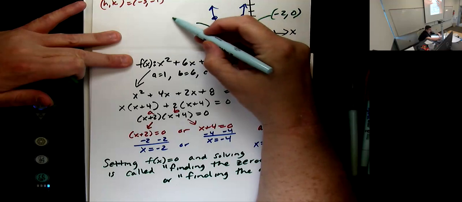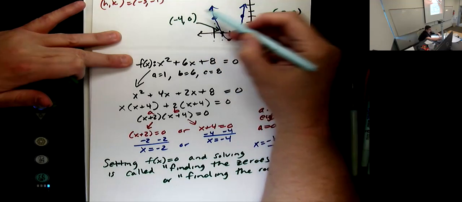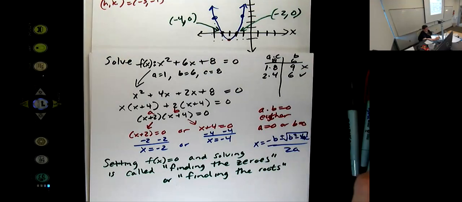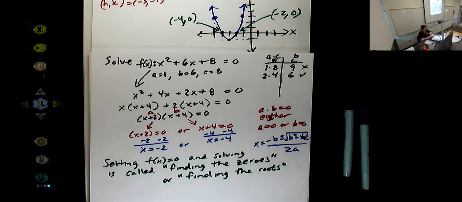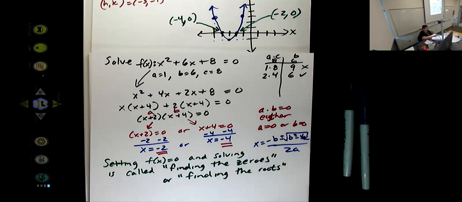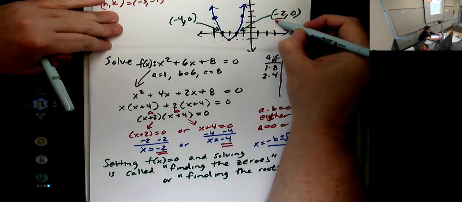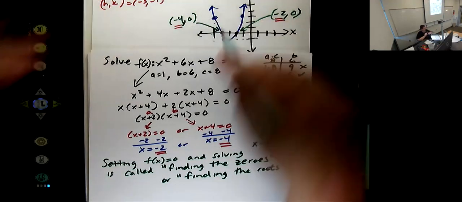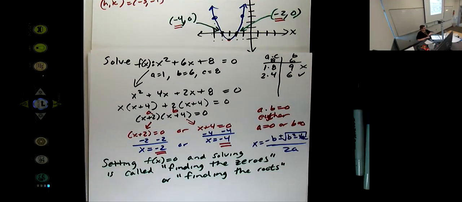That point there is (-4, 0). And we got -2 and -4. It's not a coincidence.